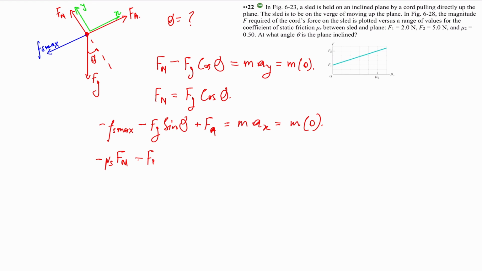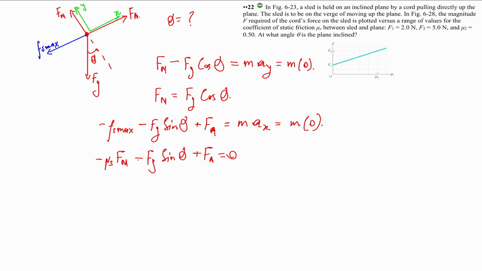minus Fg sine theta. This is going to be plus Fa. This is going to be equal to 0. Now, Fn we've already resolved. You still remember? We have already found what Fn was. Fn was determined there. So we could go ahead and substitute Fn in there.